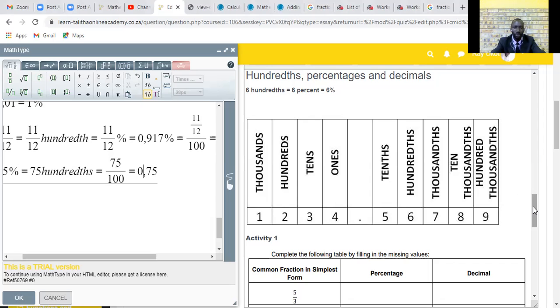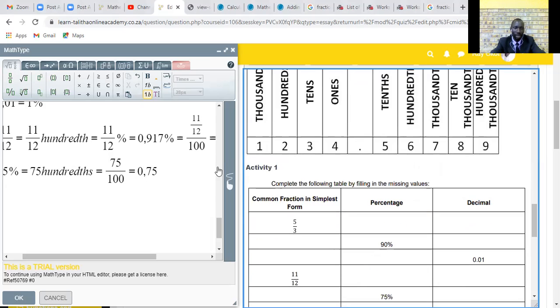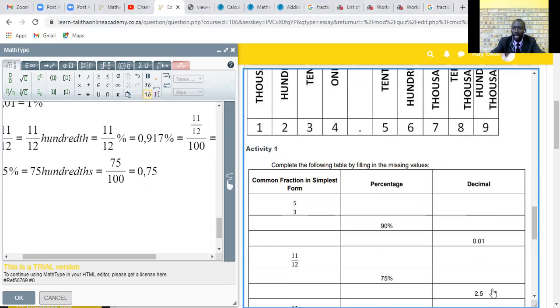Well, in ordinary fraction or in common fraction, we have it like this: 75 divided by 100. And in decimal fraction, we have it as 0.75.